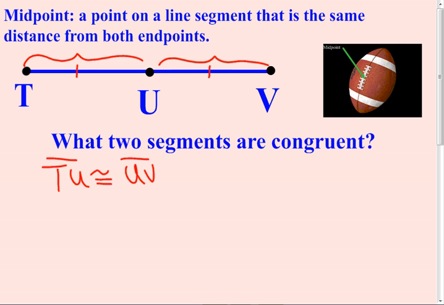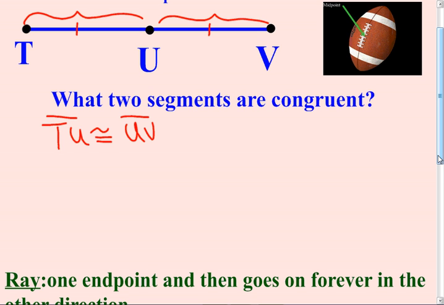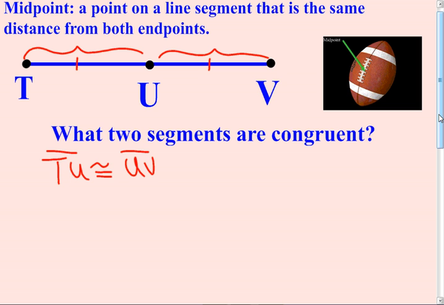Some of you, this is going to be like, this is easy. And some of you are going to go, oh, who cares about that stuff? Well, we care because it's communication. So if those two are congruent, then how can I write in the statement of equality what lengths are equal?